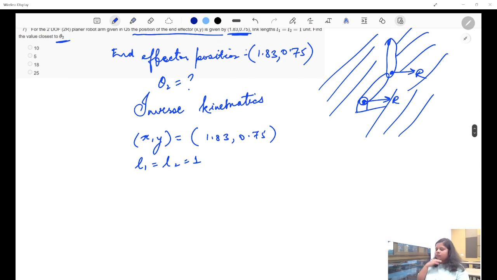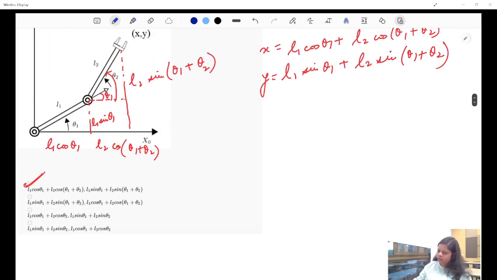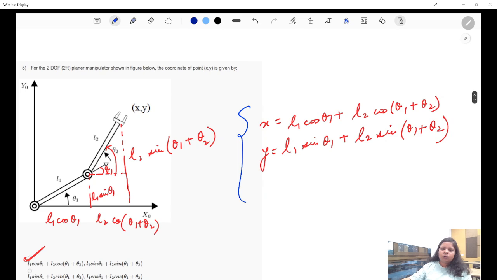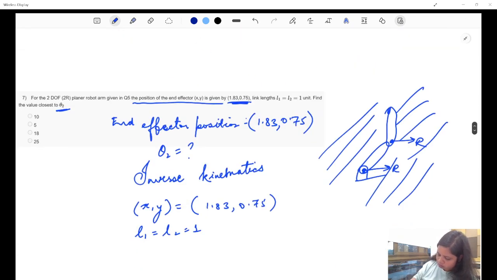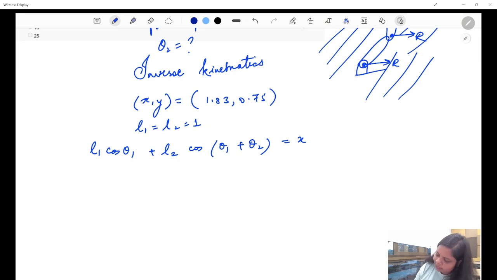Okay. Now using these relations, we'll solve the question. So what we can write: L1 cos theta 1 plus L2 cos of theta 1 plus theta 2 is equal to x, right? Put L1 and L2 to be 1.